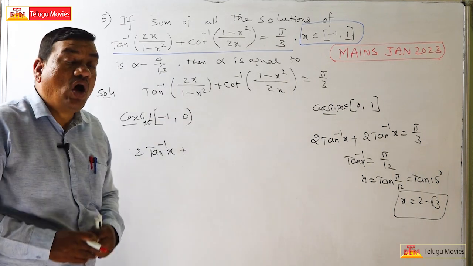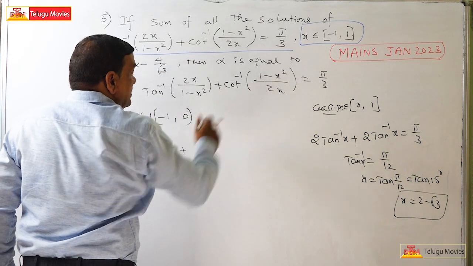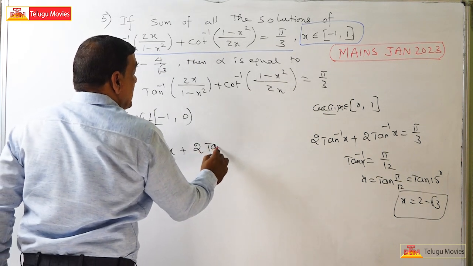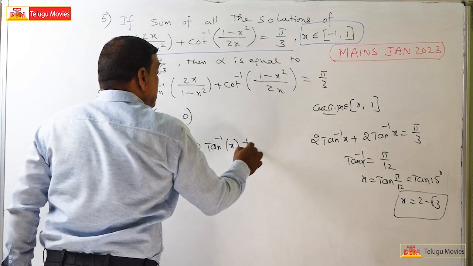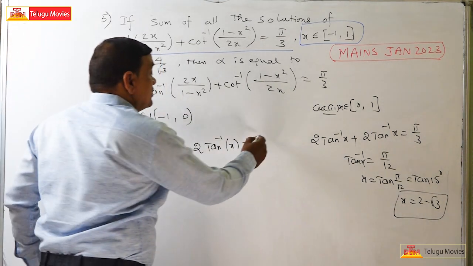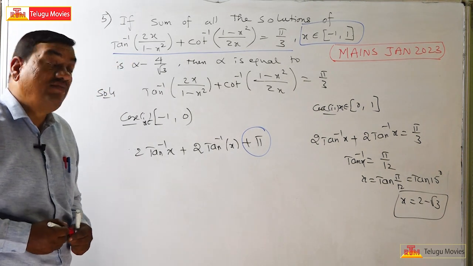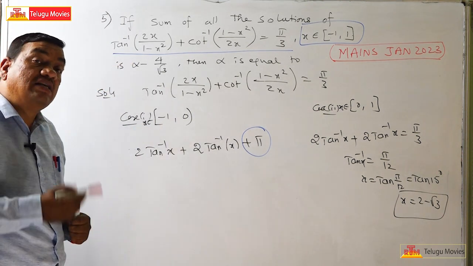When x belongs to minus 1 to 0, remember that this will become 2 tan inverse of x, but pi will be added. 180 will be added. So once you go through the properties, pi will be added when x belongs to minus 1 to 0.